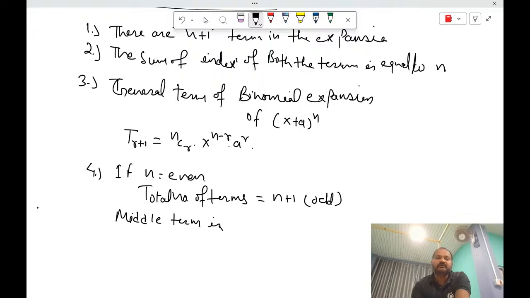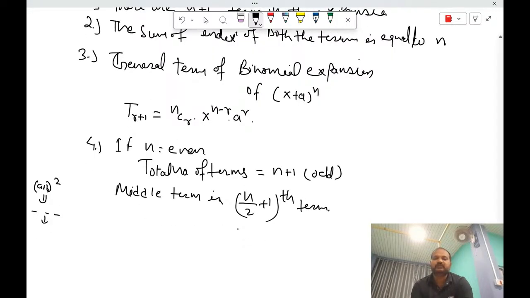If the power is 2, (a plus b) to the power 2 has 3 terms, 1, 2, 3. So the middle term will be the (n by 2 plus 1)th term. With n equal to 2, that is 2 by 2 plus 1, the second term. So the (n by 2 plus 1)th term is the middle term.